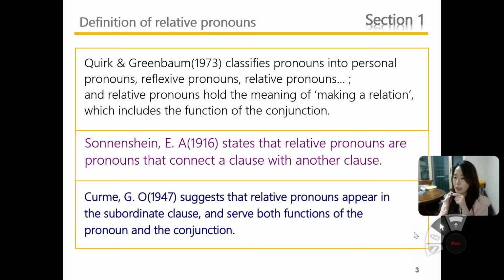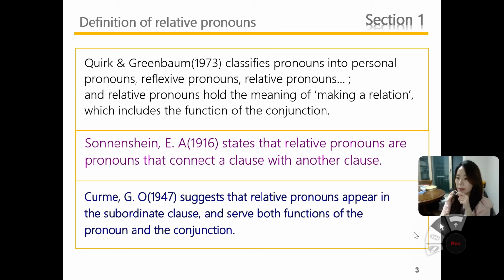To begin with, let's move on to the section about the definition of relative pronouns. Here is the theory suggested by different scholars from existing studies in order to define relative pronouns. First, Kirk and Greenbaum classified pronouns into personal pronouns, reflexive pronouns, relative pronouns, interrogative pronouns, demonstrative pronouns, and indefinite pronouns.